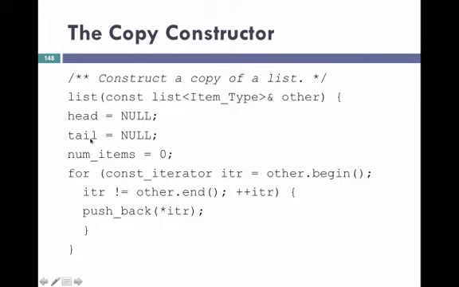We set the head and tail to be null and the number of items to be 0, and then we create an iterator pointing to the first item in this other list, and until we cycle through the entire list, we push back every value that's in the list onto the current list. So when we're done here, we'll have a complete copy of the list denoted by other as a parameter.